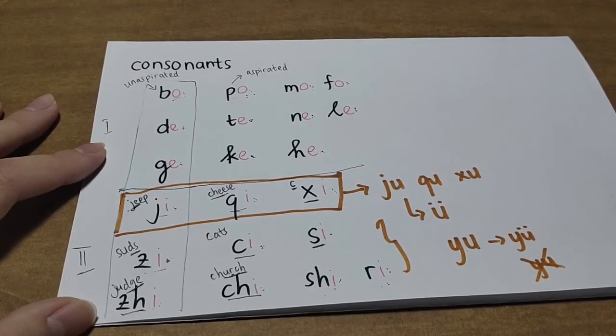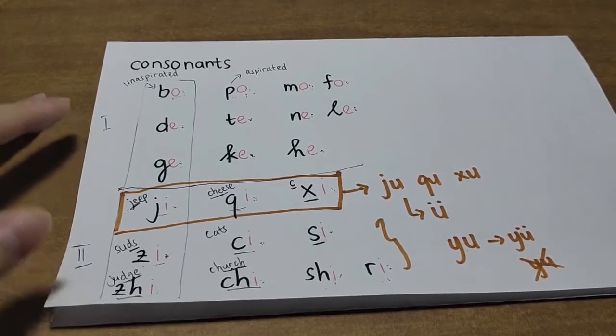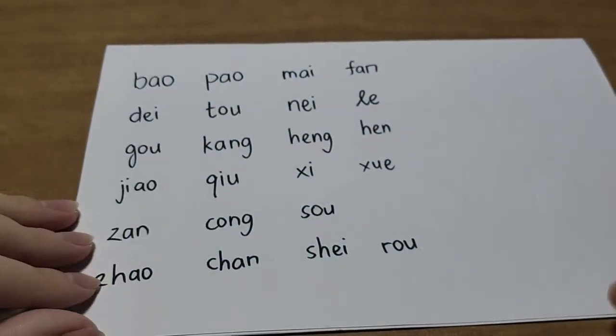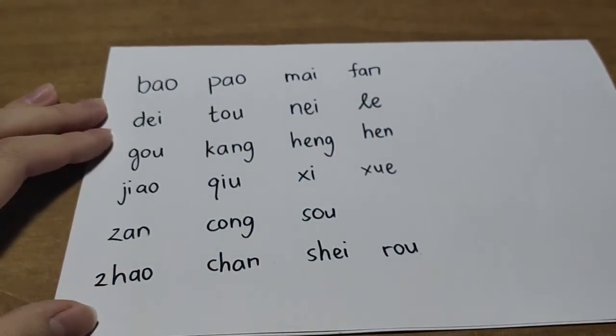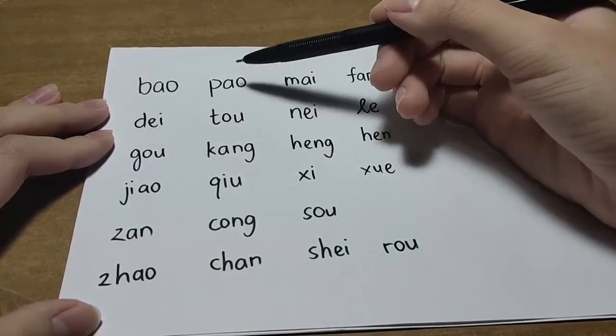Maybe it seems really difficult for you guys to pronounce now, but it's okay. We just need to practice more and more, and when we get used to it, we can pronounce it naturally. So let's try to practice reading these words which combine the consonants and the vowels we already learned.